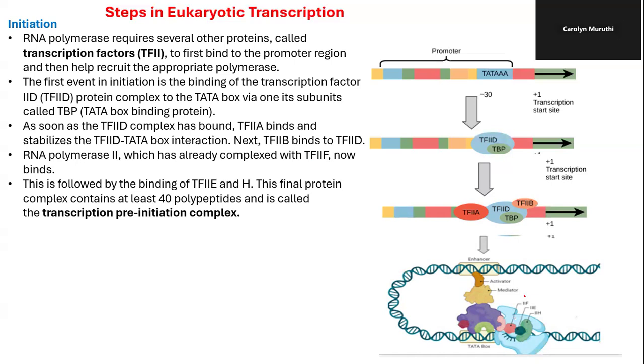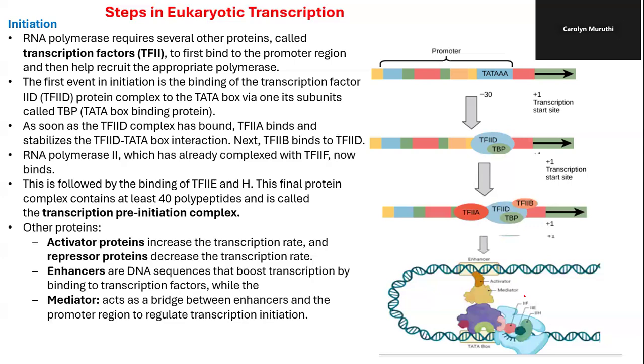This will be followed by the binding of transcription factors IIE and H. And so we'll have a final protein complex that will contain at least 40 polypeptides, and it's known as the transcription pre-initiation complex.